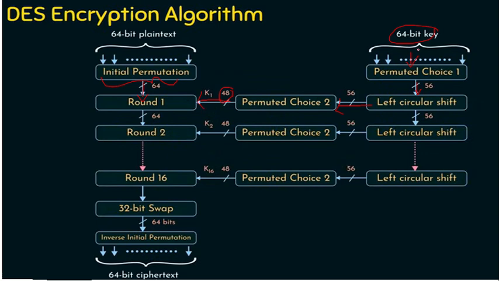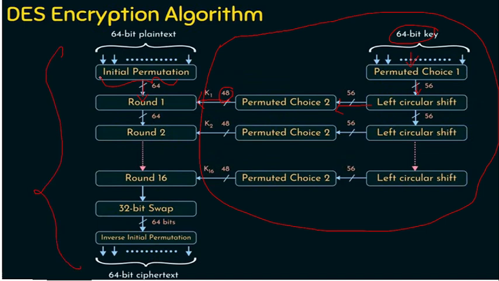So the 64-bit key has been converted into sixteen 48-bit keys, one used in each round. How that is done we will see shortly. You need not worry much about this. Now let us concentrate only on what happens in the initial permutation, the round function, and the final permutation.